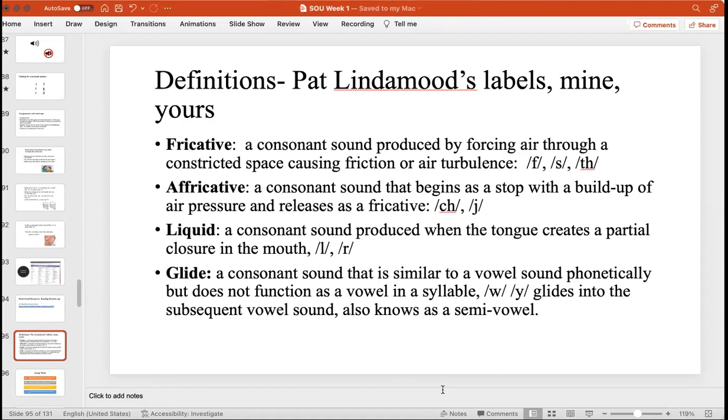So I wanted to put some really good definitions here for some of the more difficult to understand terms about how we articulate. But also what I'm going to be asking you is to come up with some with your partner when you're working with the consonants. So a fricative, and an example of a fricative, can everybody say this with me?